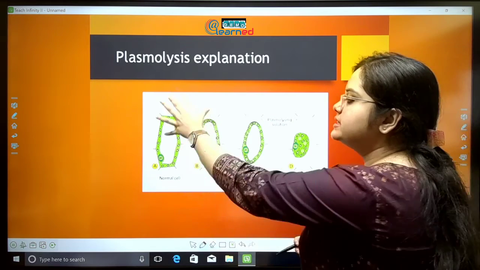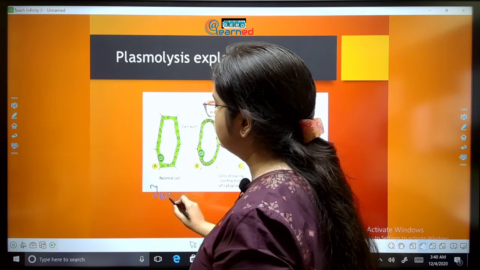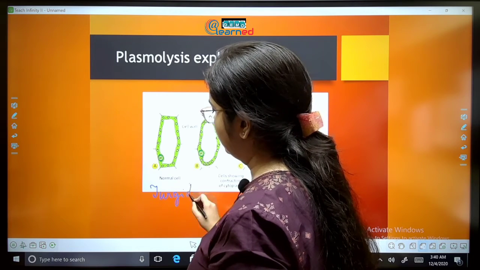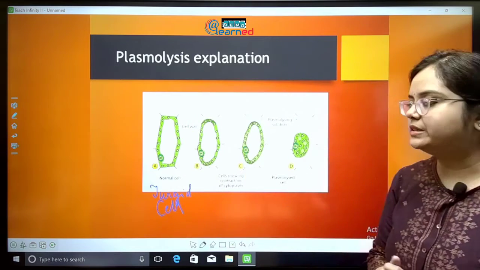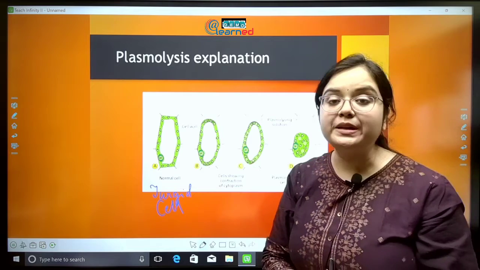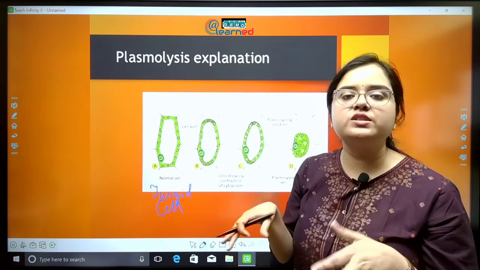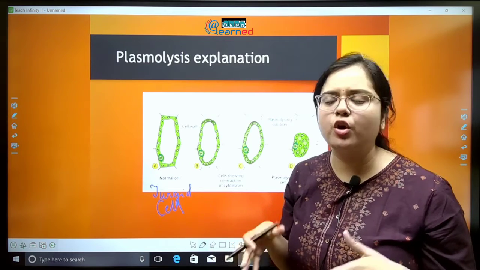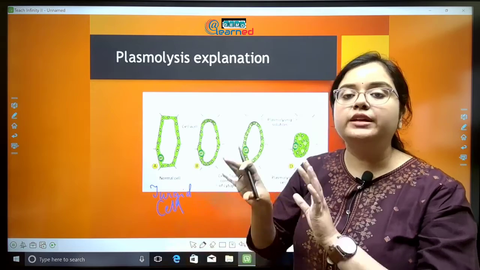So if you see, this is a normal cell, or you can call it a turgid cell, where there is enough water, everything is fine. Now as you put this cell in a hypertonic solution, meaning a solution containing more solute, what will happen? The cell will lose the excess water to the solution.